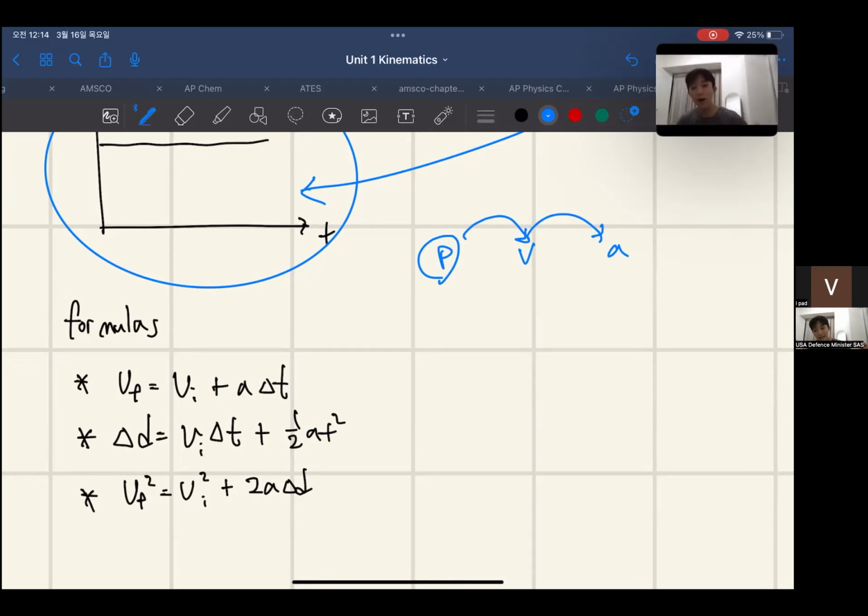So I would say P is the most inferior, followed by V, and A would be the most superior, because acceleration is above the other two variables. You need the other two variables to calculate acceleration.